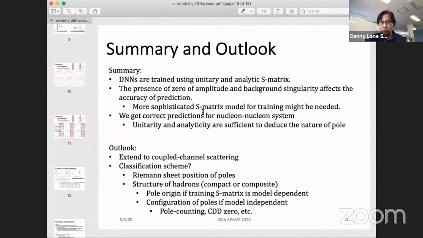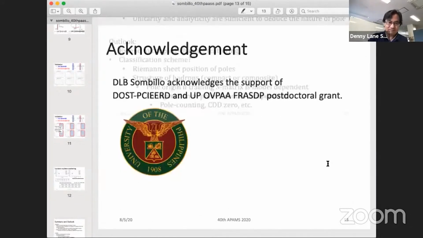So we might need a more sophisticated S-matrix model for better accuracy. Finally, we got correct predictions for the nucleon-nucleon system, which means that unitarity and analyticity are sufficient to deduce the nature of the pole. And these are the future plans that we wanted to do after this work. So thank you for listening.